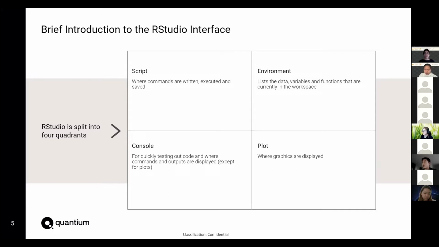You can write your code, run it, and see what the output is. And last but not least, at the bottom right-hand side, is the plot pane. I won't be going through plot. Jude will be taking that through in the second half of this workshop when we look at data visualization. That is where the graphs or the plots will show up at the bottom right-hand side of RStudio.